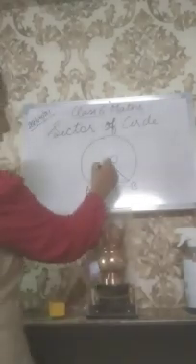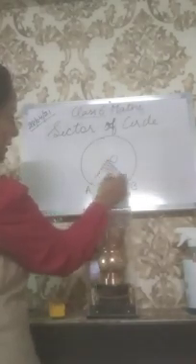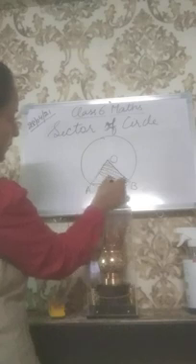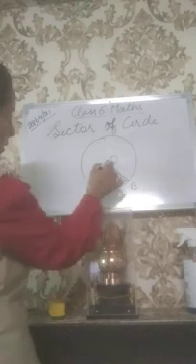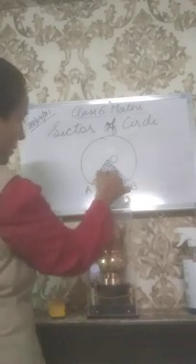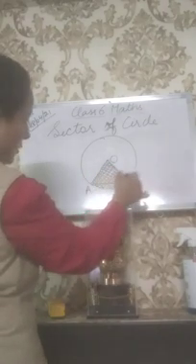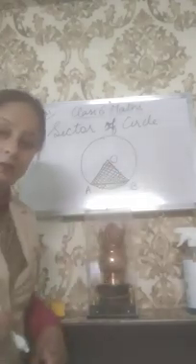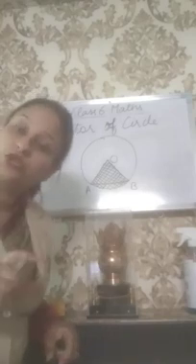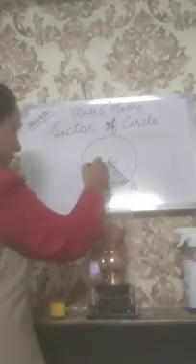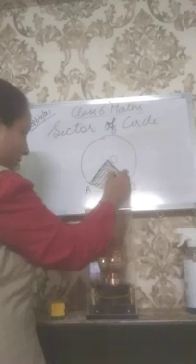So, this portion I am just shading for your reference. This portion is known as the sector of the circle. Basically, a sector of a circle is just a small portion of the circle. Understand? So, here, can you see this is one sector?